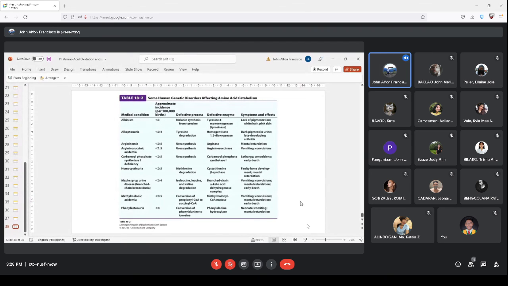So this is the medical approach of biochemistry, or chemistry in general, on how you will try to solve these kinds of diseases.